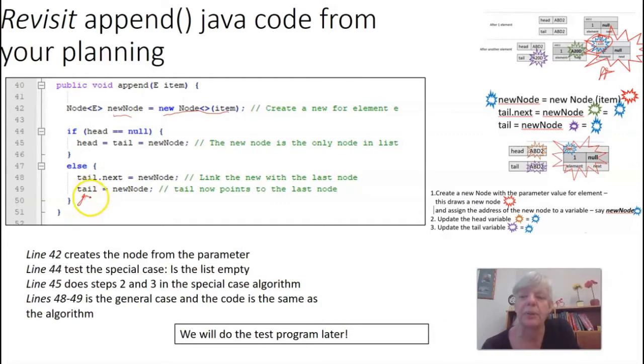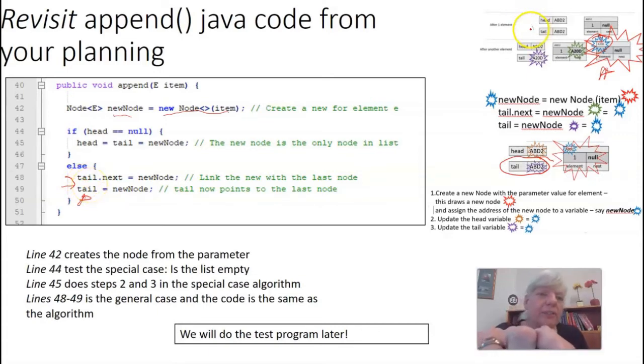The tail must be equal to the new node, that is this update. But the first line, line 48, is actually very important to really understand. It says, in tail, an address is stored. So there's an address stored in tail. What is it in our example? It is ABD2.